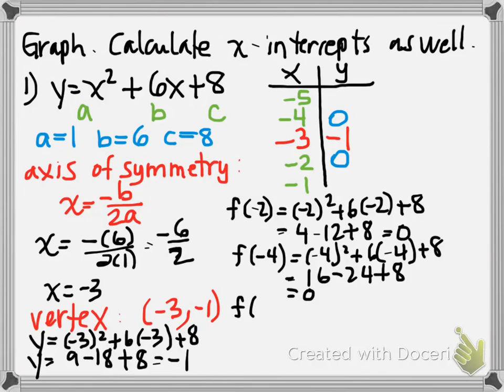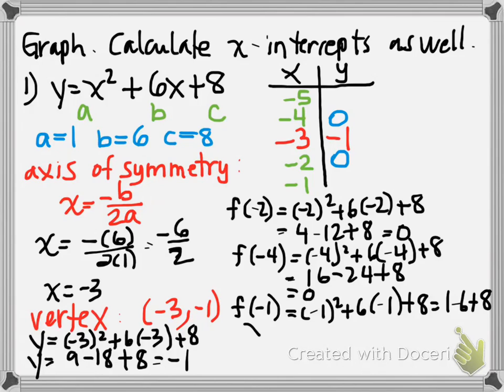So we have f of x, the function of f at negative 1 is going to be negative 1 squared plus 6 times negative 1 plus 8, which is going to give me 1 minus 6 plus 8, which gives me negative 5 plus 8, which is 3.